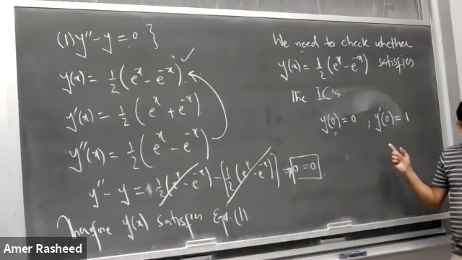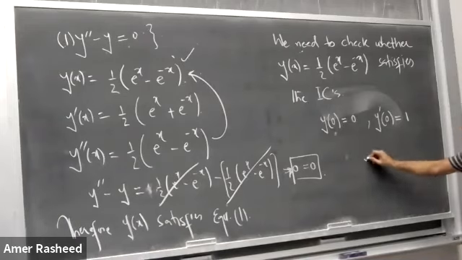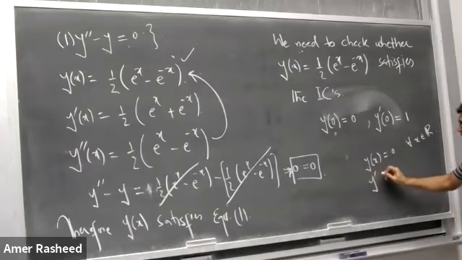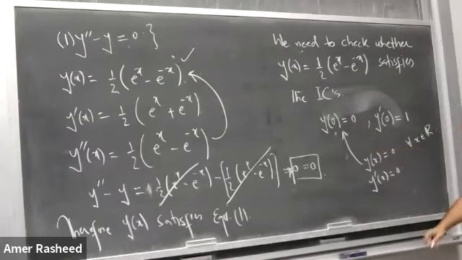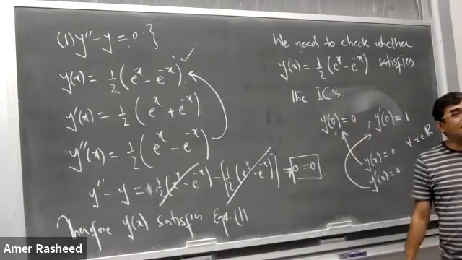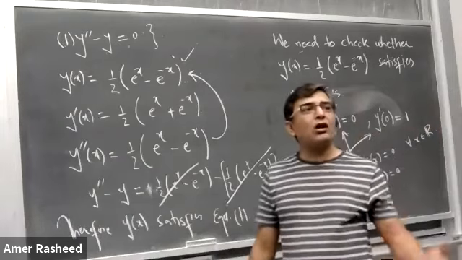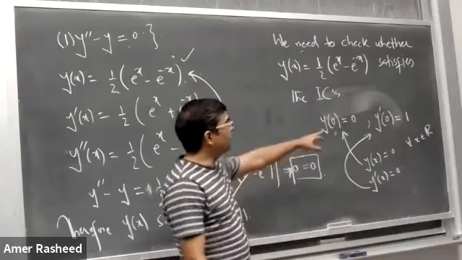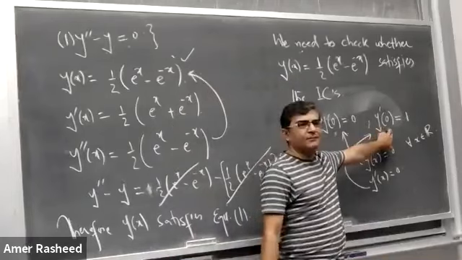No, because if y of x is equal to 0 for all x in R, then y dash of x is always 0 as well. This condition is satisfied, but this one is not, because the derivative at 0 is not equal to 1 according to our trivial solution. So this solution does not satisfy this initial condition.